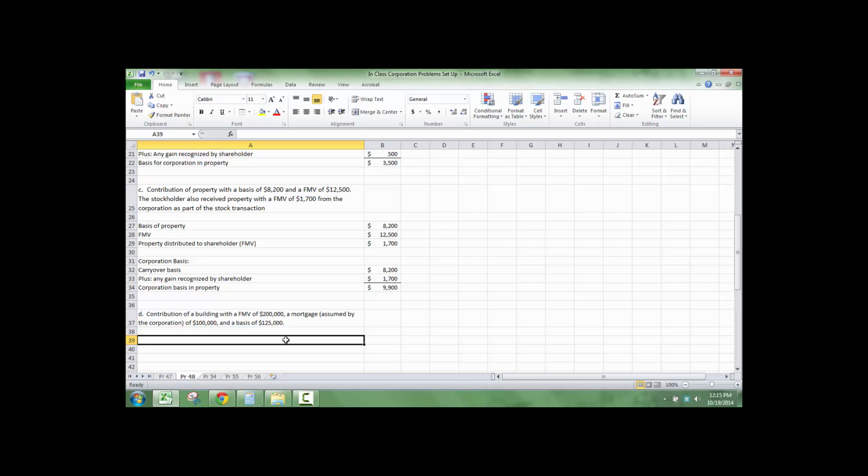All right, D. Basis in property is 125. Fair market value is 200. And mortgage assumed by corporation.